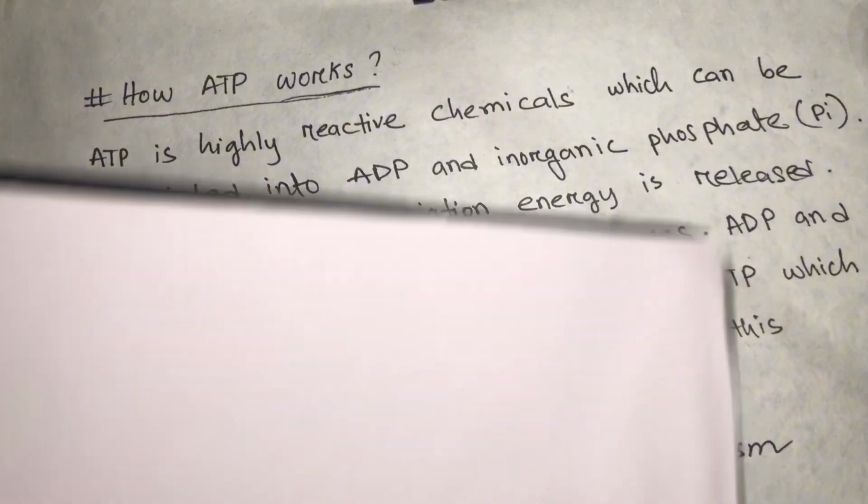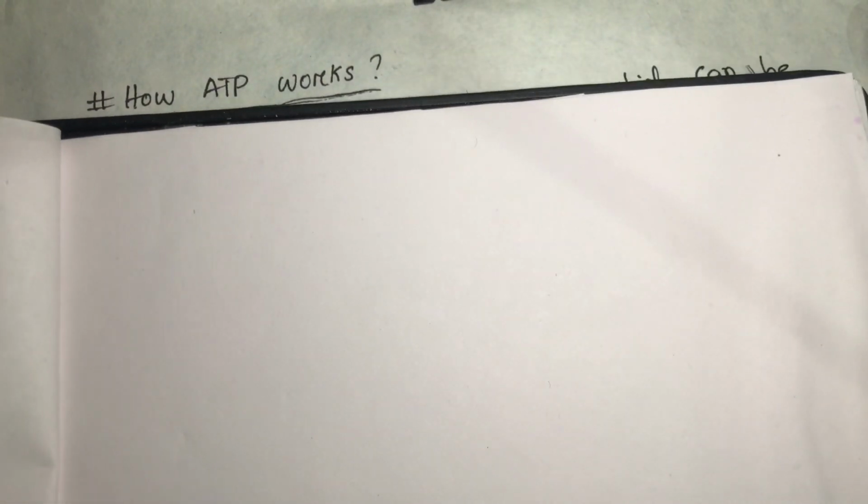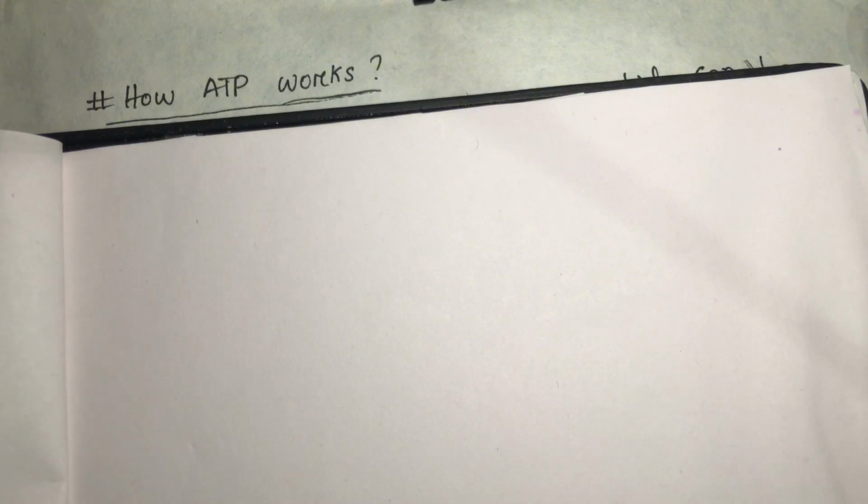Now how does ATP work? It can be a really normal question, like how do we use our energy, right? As we know, ATP is a highly reactive chemical. It works by getting dissociated into ADP and inorganic phosphate, and in that form it releases energy. ATP itself is not the energy.